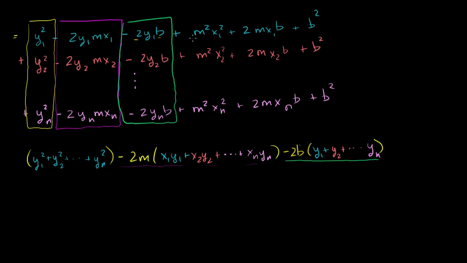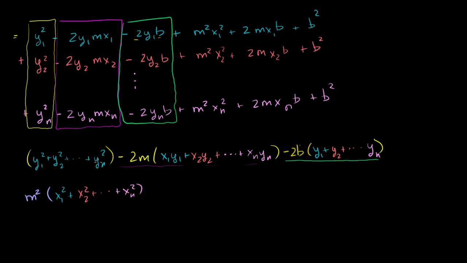So then the next term, what is this going to be? Same drill. We can factor out an m squared. So we have m squared times x1 squared plus x2 squared plus all the way to xn squared.